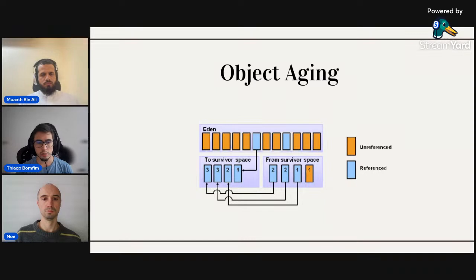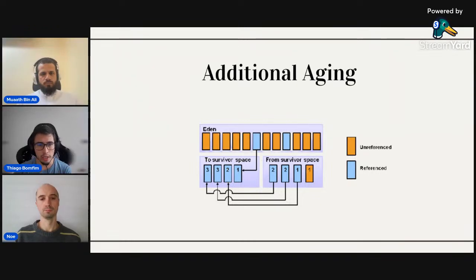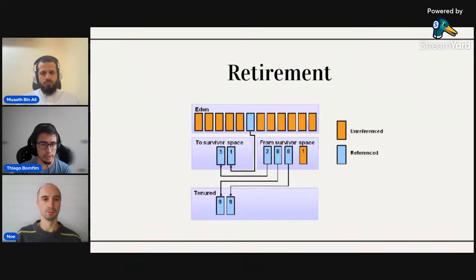This means that the object has a variable, let's say the age of the object. All these objects from survivor space 0 will be moved to the other survivor space, and the age will be incremented. This will keep happening, with more aging. If the object doesn't have a reference, it will be cleaned. Otherwise, it will keep moving from one survivor space to the other until it reaches retirement, or promotion.